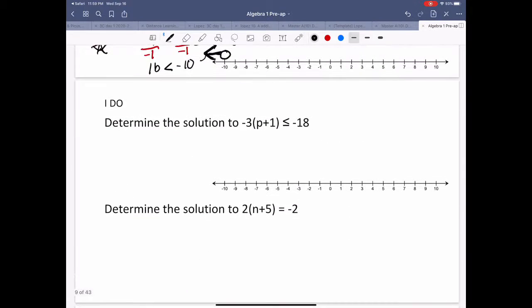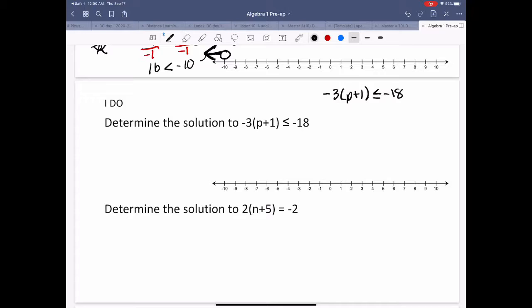All right, two more problems, and then you should be able to do the rest of them on your own. Determine the solution to negative 3 times the sum of p plus 1 is less than or equal to negative 18. So I'm going to go ahead and write this out. Anytime you have parentheses and you're going to solve, you always want to do the distributive property first.